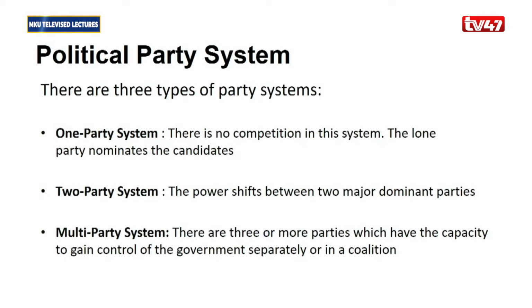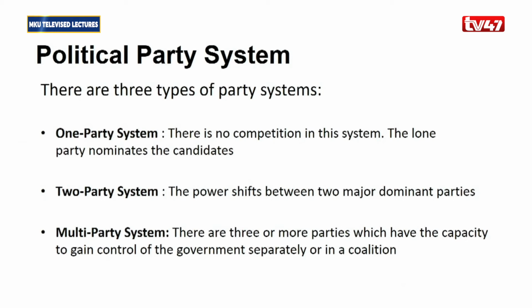But in most democracies, you will find that there are several parties, in terms of tens, in terms of hundreds, that have the ability or capacity to gain control of power through either coalition or separately.